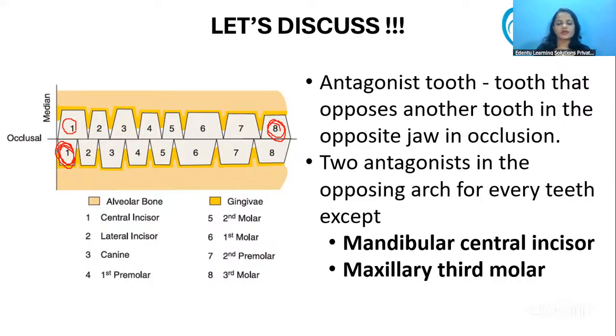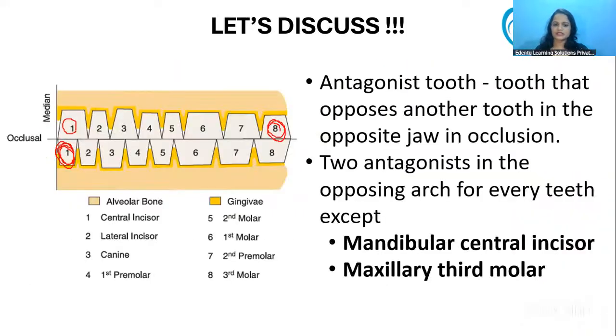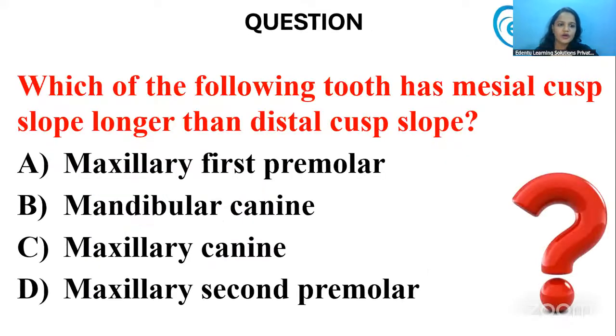So only these two teeth have a single antagonist. In the options, the central incisor is not given, so we are choosing the best option, that is the maxillary third molar. The maxillary third molar and the mandibular central incisor are the two teeth that have a single antagonist. Now, moving on to the next question.